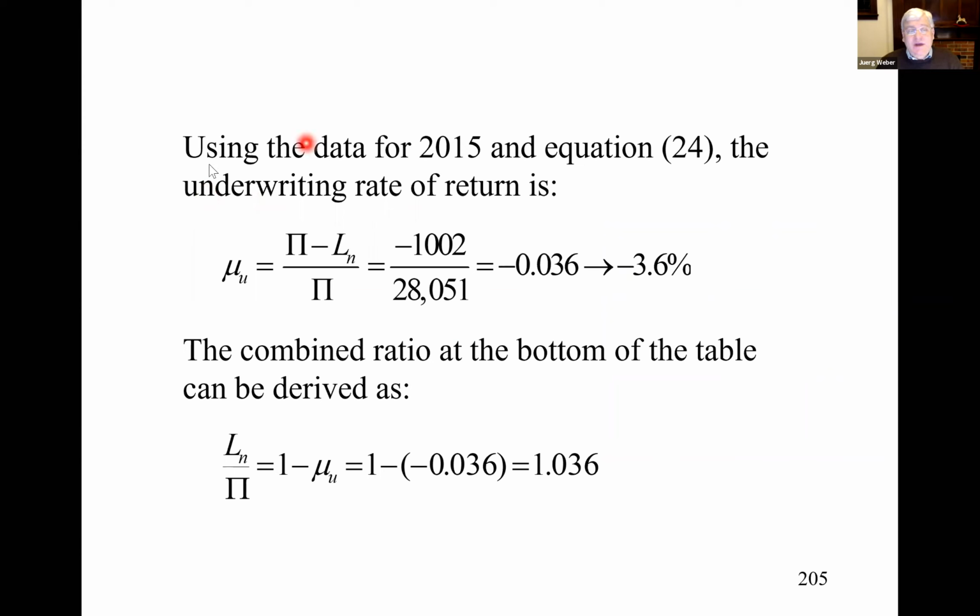So with this information that is given in the table, we can calculate the underwriting rate of return. Up here in the numerator, that's underwriting profit. It's actually a loss of about $1 billion, if we take the figures of 2015.